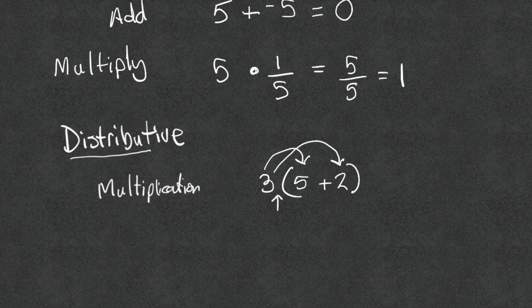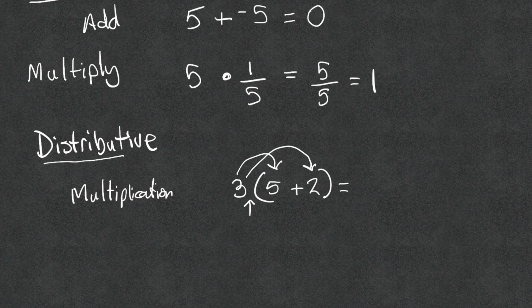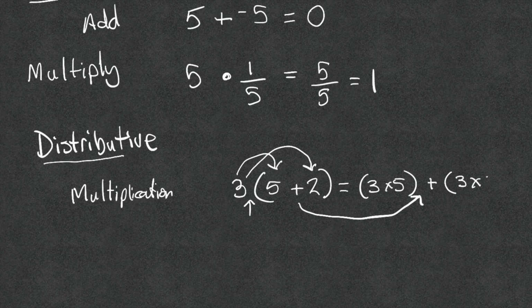inside of that parentheses. So to demonstrate this property, we need to show a 3 times a 5 plus, this operation carries over, a 3 times a 2.